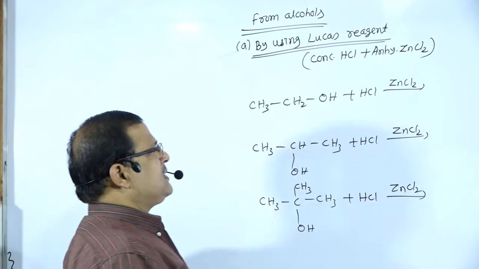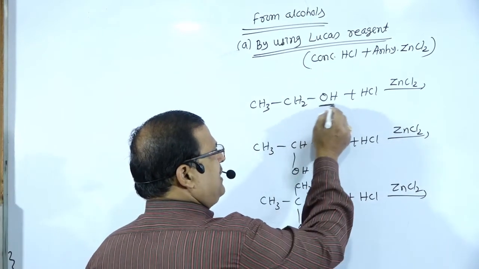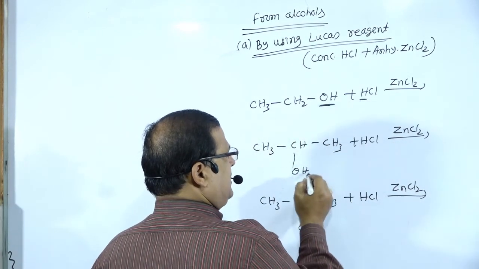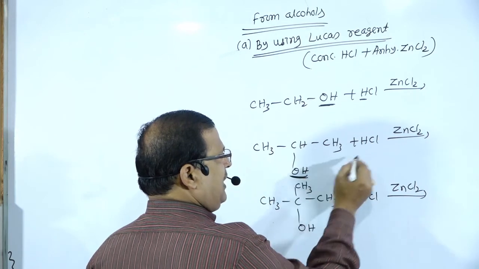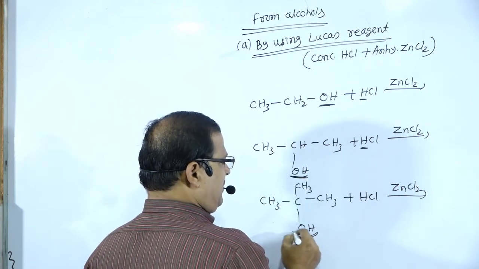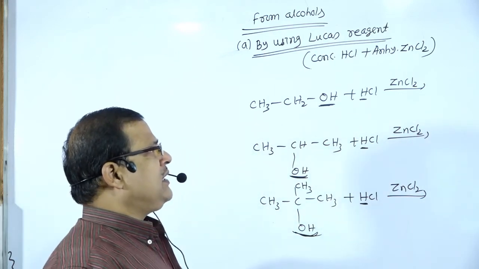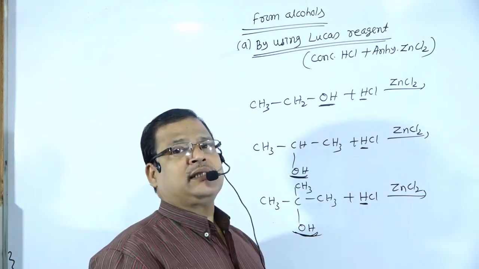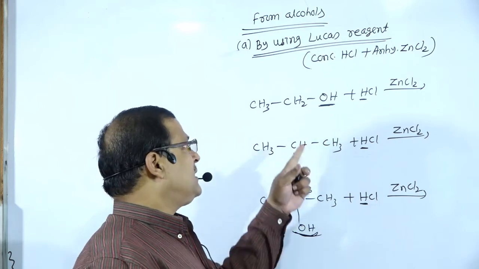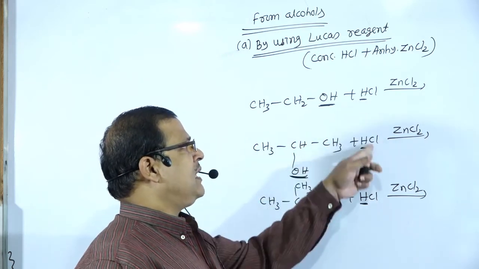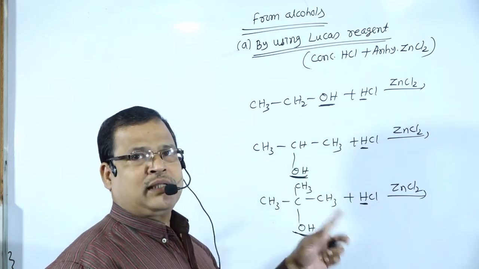These are the reactions where the OH part of the alcohol and the H part of the acid are removed in the form of a water molecule. This water molecule is absorbed by the anhydrous ZnCl2, and the OH groups are replaced by Cl.